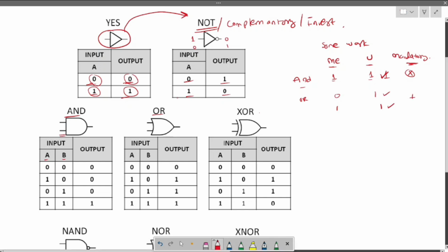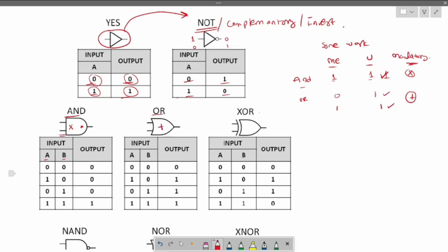So OR is like a plus. AND is like a multiplication or dot. Now 0 into 0 is 0, 1 into 0 is 0, 0 into 1 is 0, 1 into 1 is 1.